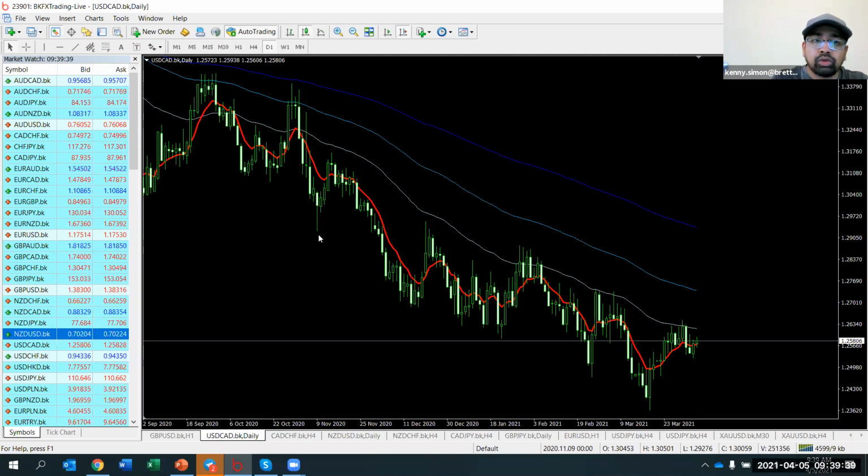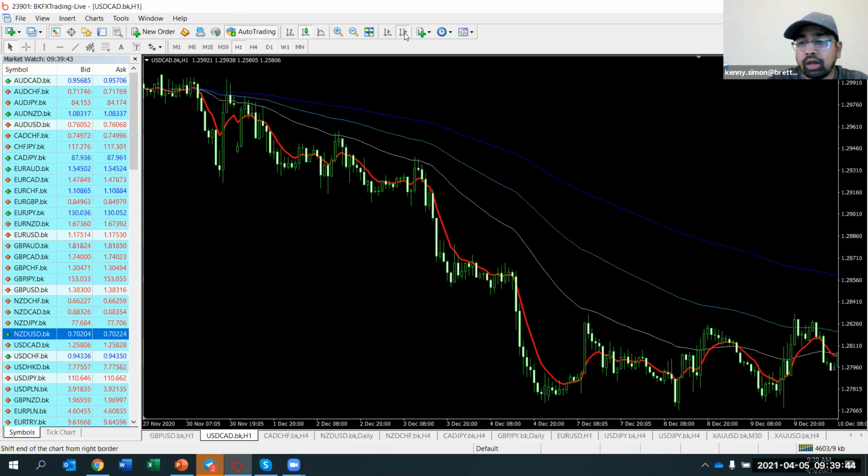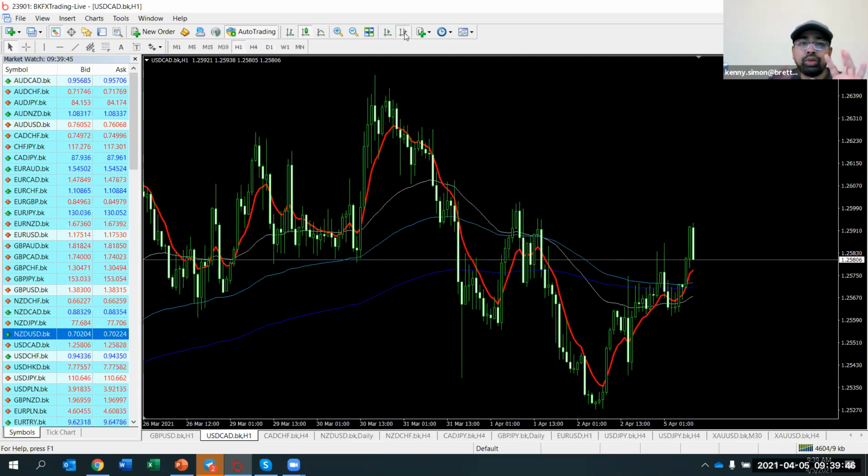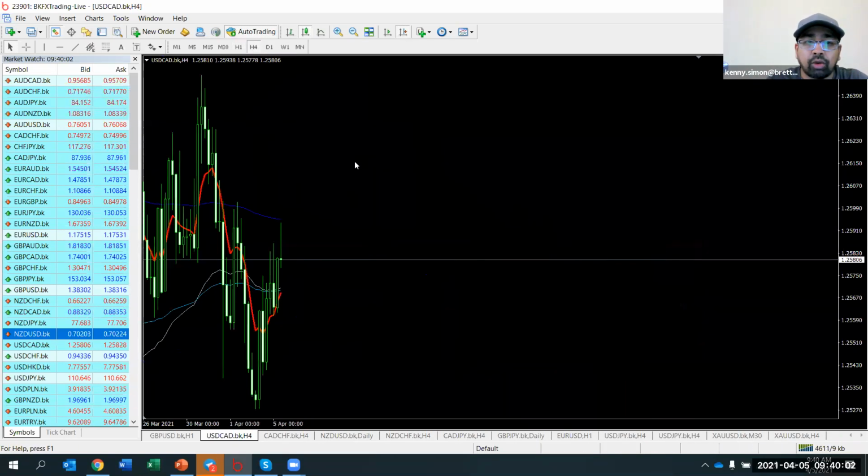Okay, so we want to look at USD CAD and go onto the 1 hour chart and look at what's happening. Now, we have candles moving quite a lot, USD CAD at this moment on the 1 hour chart, but the trend is not clear. The three lines are not actually up. Candles are above a little bit, but it's just picking up. But let's compare with the 4 hour chart.